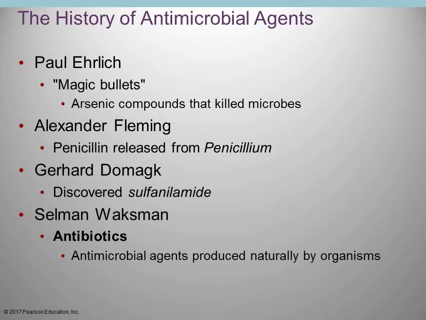Then there have been additional people throughout history who discovered different drugs that have antimicrobial properties. Selman Waksman is the one credited with coining the term antibiotics. Technically, an antibiotic is a chemical with antimicrobial properties that is produced naturally by other organisms.